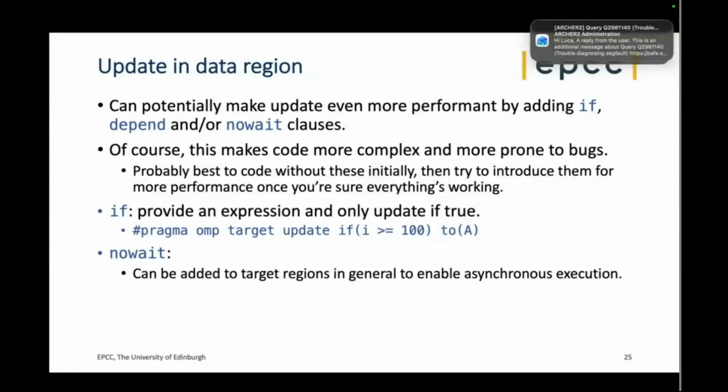So what we could do is that if the number of steps is a multiple of 100, then transfer data from the GPU to the CPU.